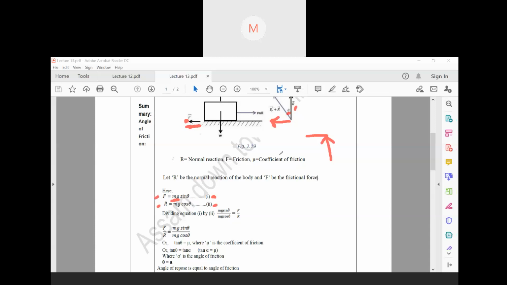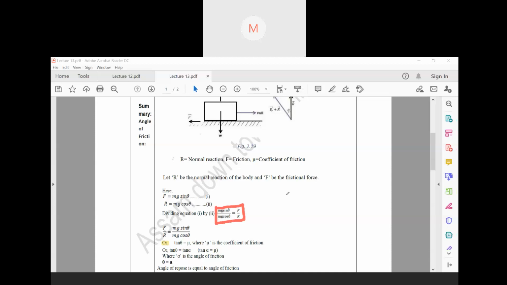If you divide mg sin theta by mg cos theta, you get this equation: f by r equal to mg sin theta by mg cos theta.